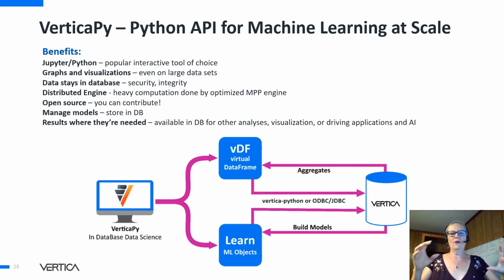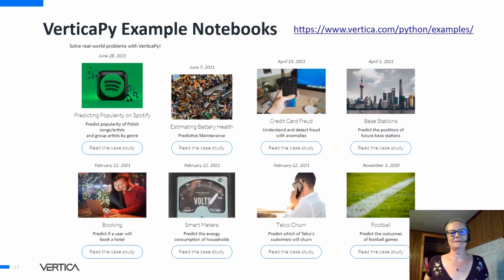It's kind of like a DAG: I just tell it what I want it to do, and then the engine figures out a good way to do it. All of your processing, everything you need to do, is pushed onto the database. All you do is write Python instructions in your notebook and tell it what to do. It does it, and then it shows you the results. That's how it works.